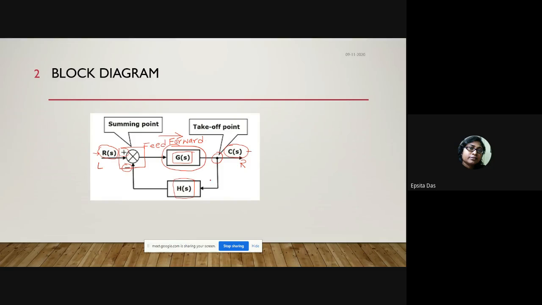This path is in the opposite direction of signal flow. The signal flow in the main path is from left to right, but in this path the signal flows in the opposite direction, from right hand side to left hand side. That will always be a feedback path.